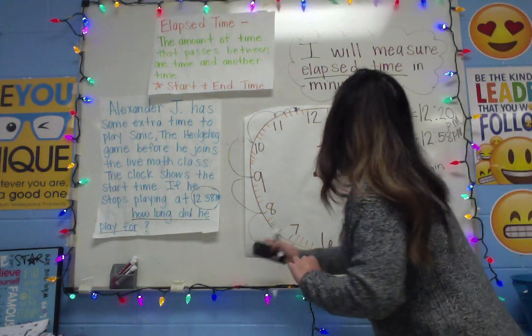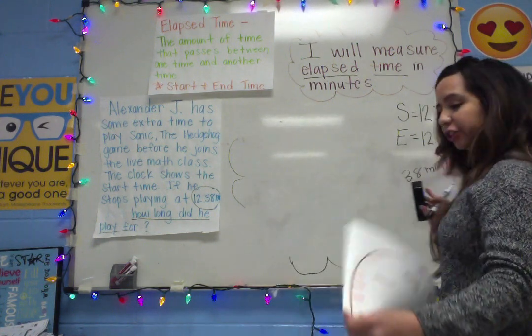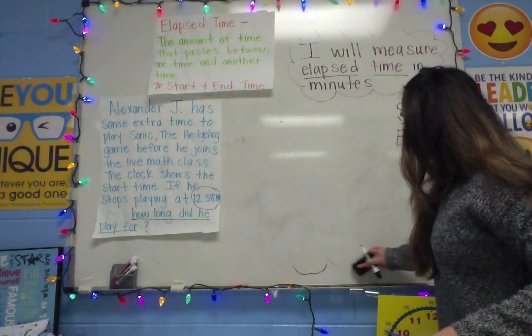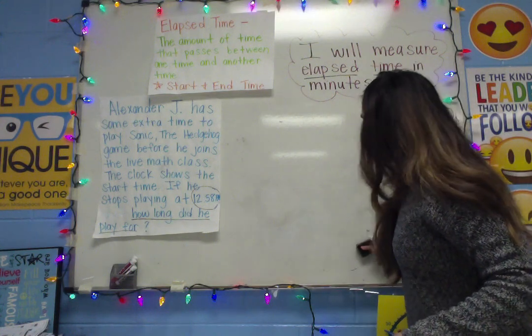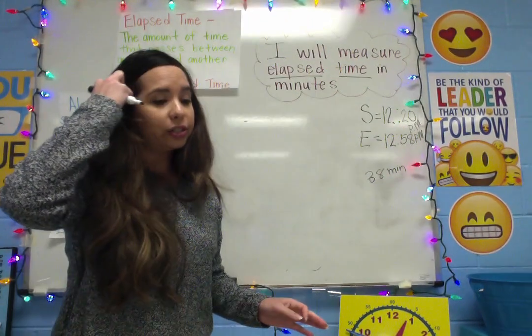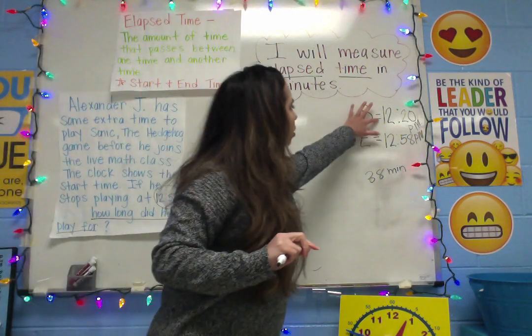Okay? Now, we can check our answer, or we can use another strategy to find elapsed time, which I really like too, which is using subtraction. Now remember, you can check using subtraction when the hours are the same.